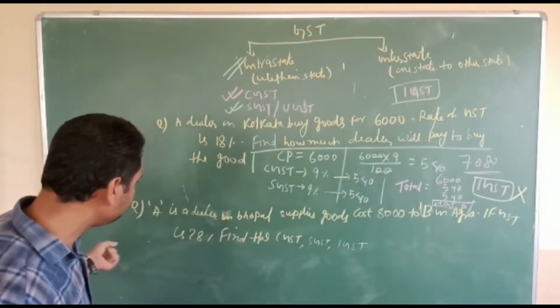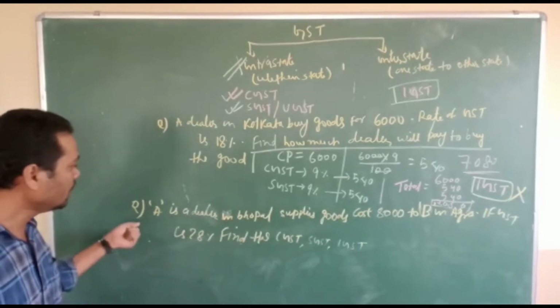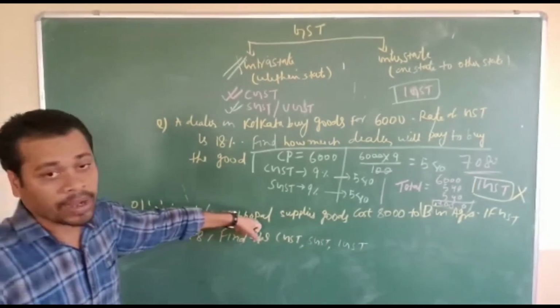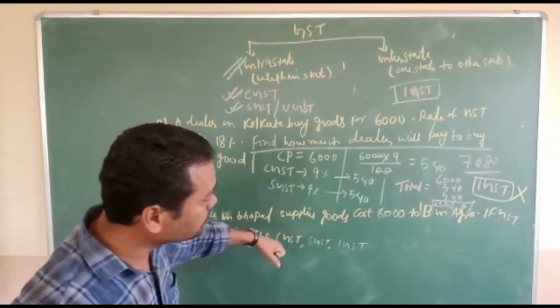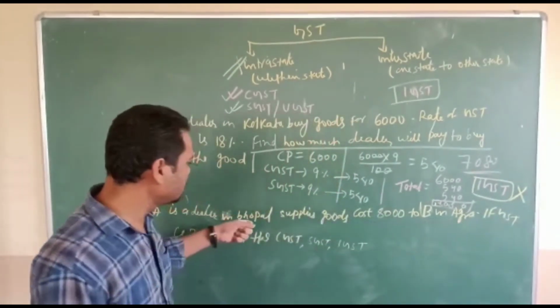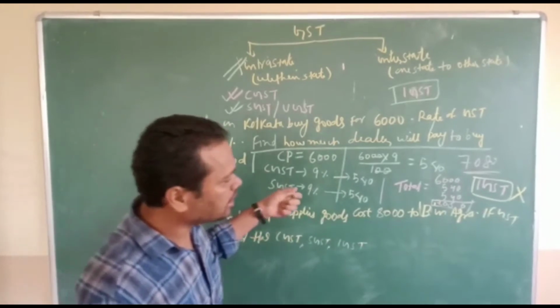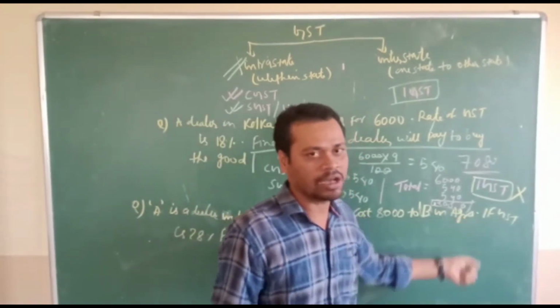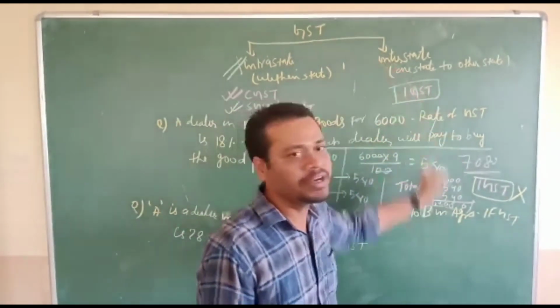Now let's come to another question where a dealer is residing in Bhopal, but he is selling the goods in Agra. So one person is in Madhya Pradesh, MP, and he is selling into Uttar Pradesh, Agra. That means the movement is interstate.